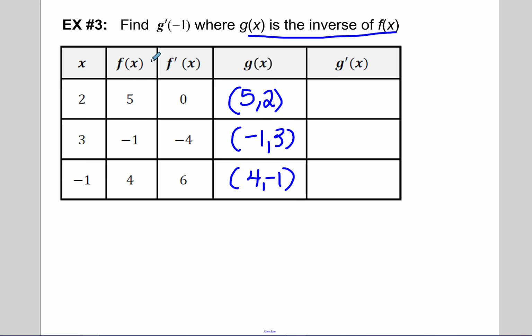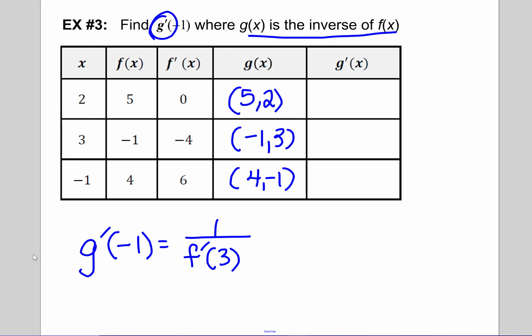So we want to find the derivative of the inverse at -1, right? So g prime of -1 is 1 over the f prime of 3. I'm sorry, I'm saying inverse and reading prime. Back that bus up.